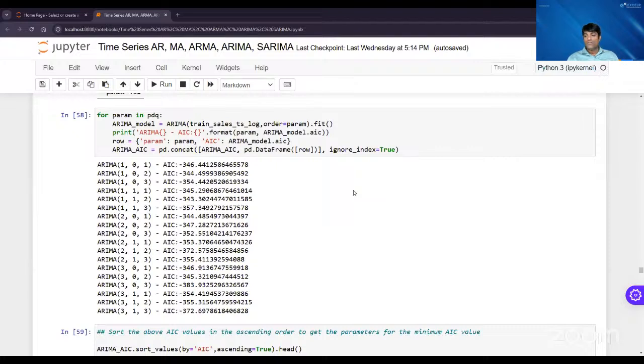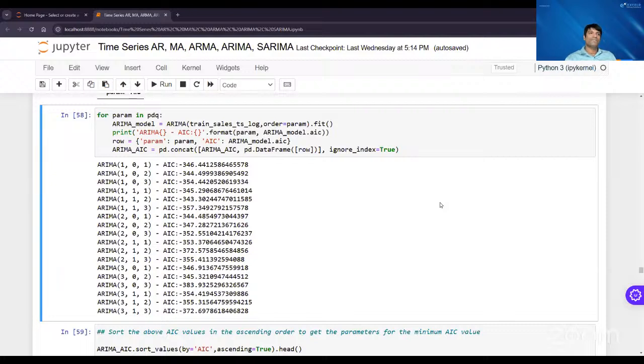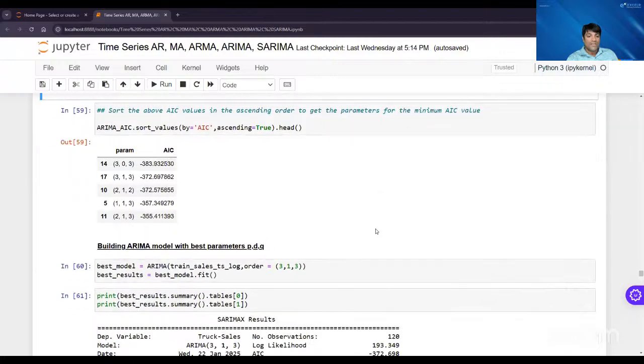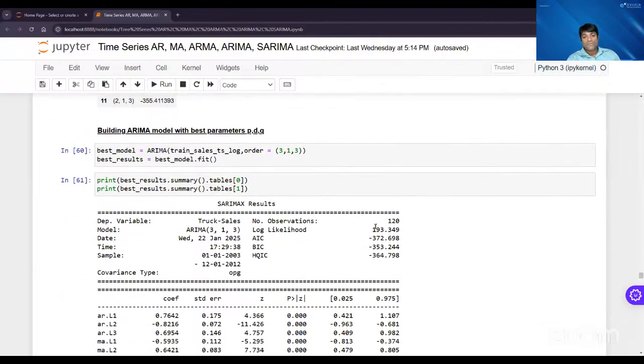So we have not seen a good prediction, because it is bringing in the trend and the seasonality also. That is the reason we are not able to achieve good results from the ARMA model. So now you can see the building of the ARIMA model, and you can see the results.